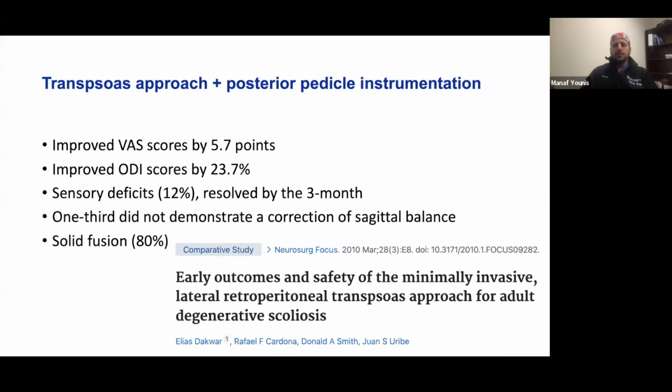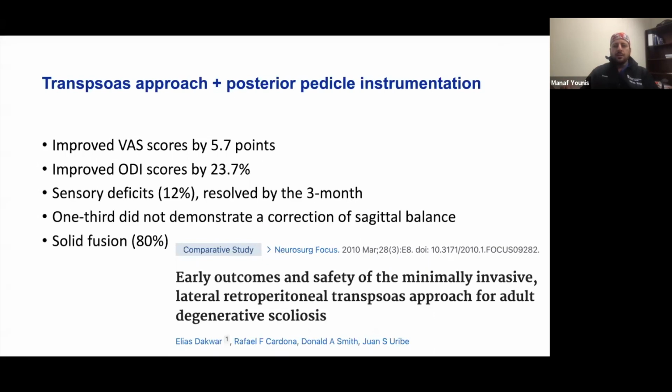Dakwar et al. reported on a total of 25 patients, 8 of whom received lateral interbody fusion with posterior pedicle screw instrumentation, and 15 received lateral plates. At 1-year follow-up, the study reported improved VAS scores by an average of 5 points, ODI scores by 23%.